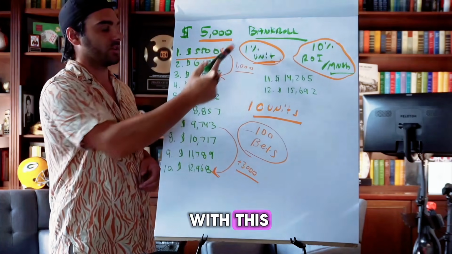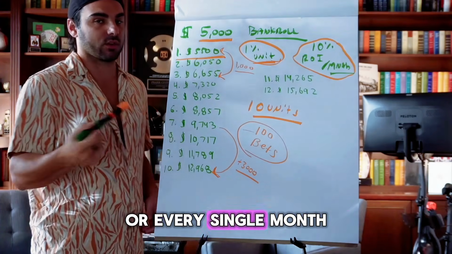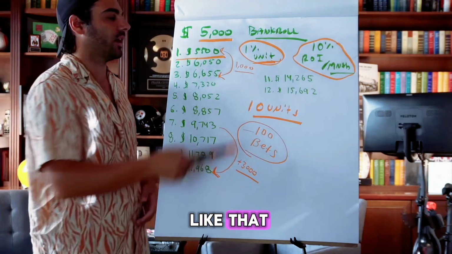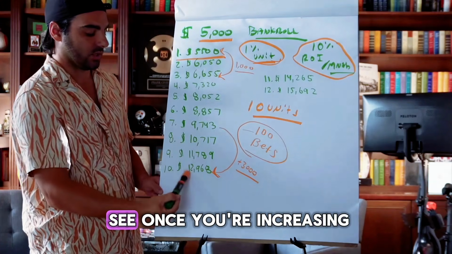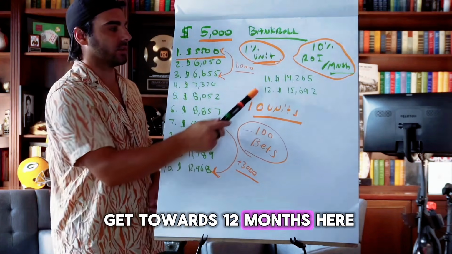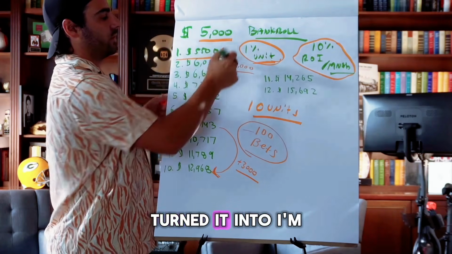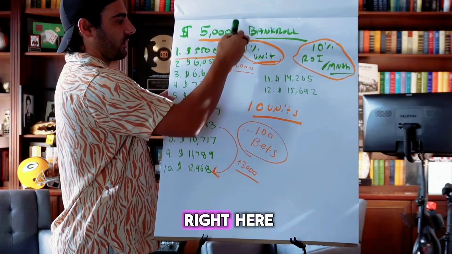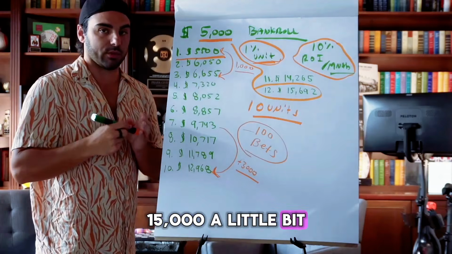Because if you start with this and it's not money that you're trying to take out every single week or every single month to be able to pay bills or anything like that, then you will gradually increase. And as you see, once you're increasing, now look, if you get towards 12 months here, we took a $5,000 bankroll, turned it into, I'm going to draw that line right here, turned it into 15,000, a little bit over 15,000.